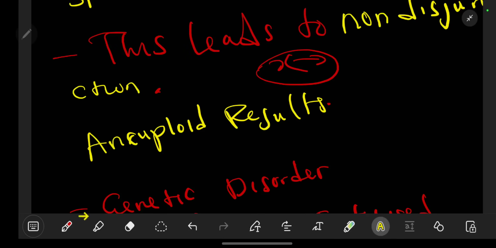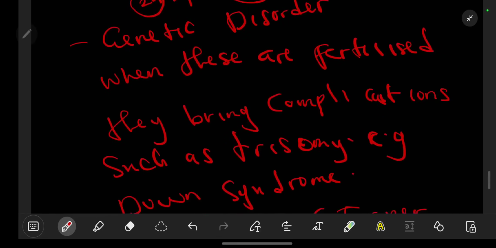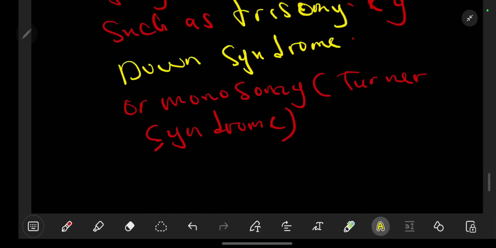Now, let's say this gamete has got 24 chromosomes, then it fuses with the one with 23. If you add these up, you're going to have 47 chromosomes. This leads to the creation of Down syndrome, which is trisomy 21. When we have 3 chromosomes for the 21, we are going to have trisomy, which is Down syndrome.